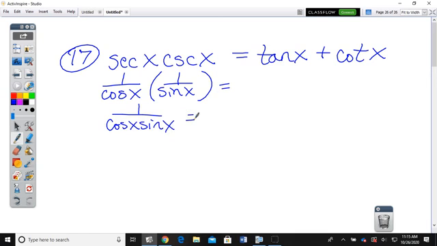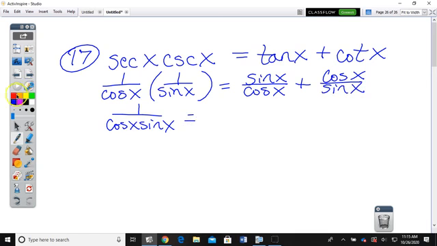Okay, on the right side, sine over cosine x plus cosine x over sine x, right? Cotangent is cosine over sine, tangent is sine over cosine. If I just do math, can I add those?